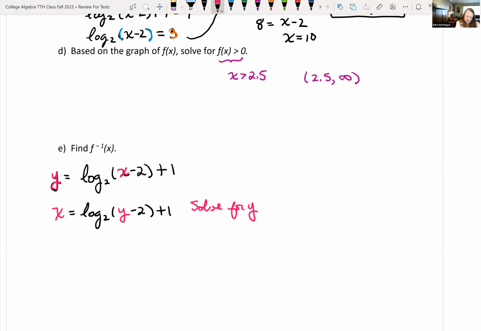So let's isolate our log first. We can do that by subtracting 1 on both sides of our equation. So if we subtract 1 on both sides of our equation, we get x minus 1 is equal to this log base 2 of y minus 2.